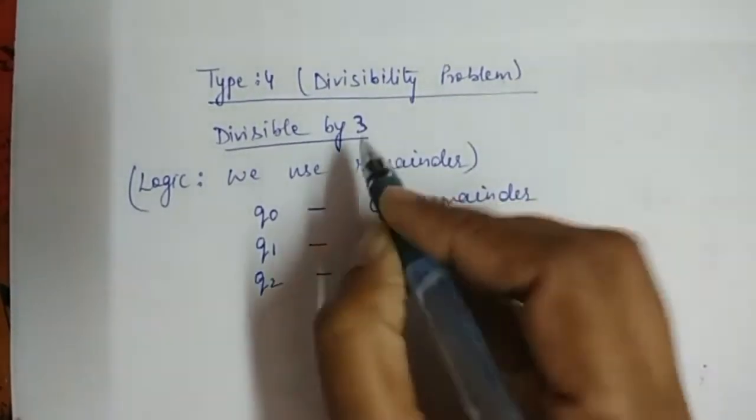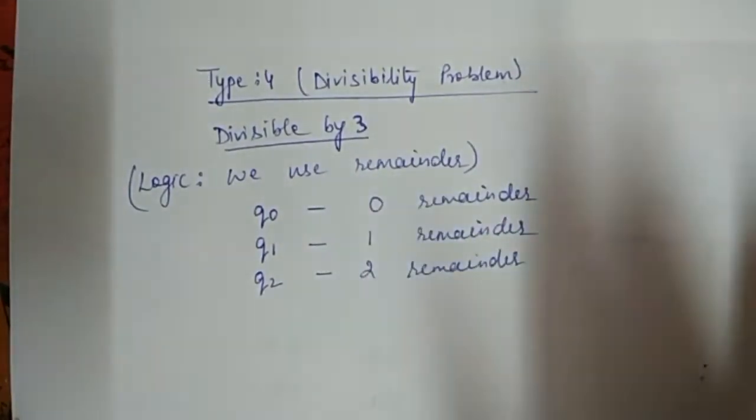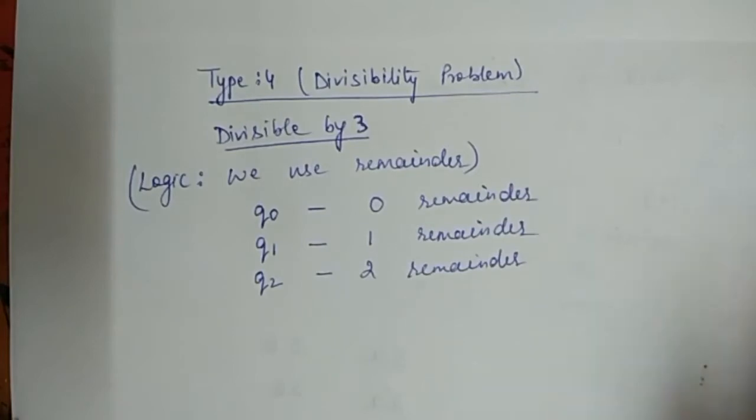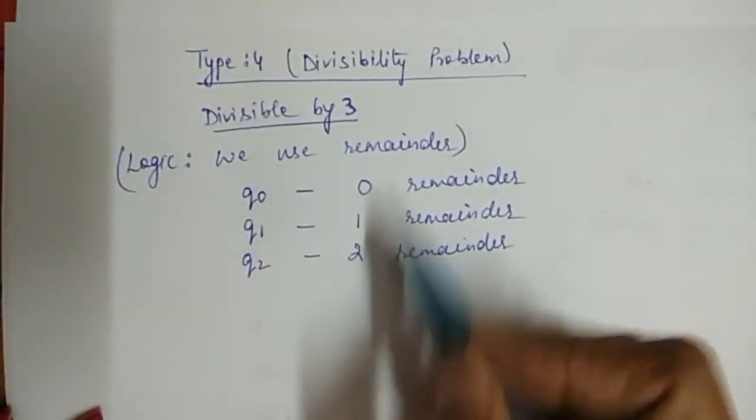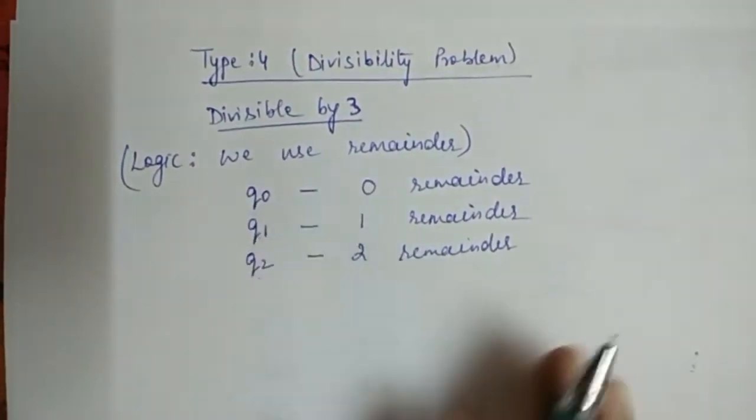So for a 3 divisibility problem we take remainders 0 to n minus 1. If n is 3, then we take 0, 1 and 2 remainders, and we assume these remainder values as Q0, Q1 and Q2.